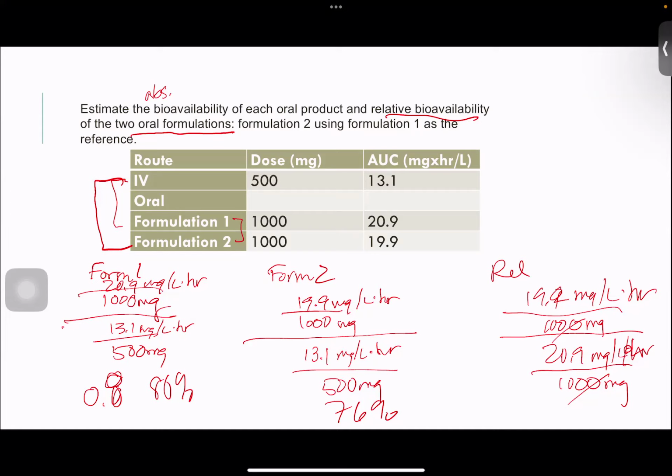We can always flip it if it comes out greater than 1, because the relative bioavailability is also going to be between 0 and 1, right? So what'd you get for the relative bioavailability? 95. Okay, are y'all good? Y'all feel like you can?